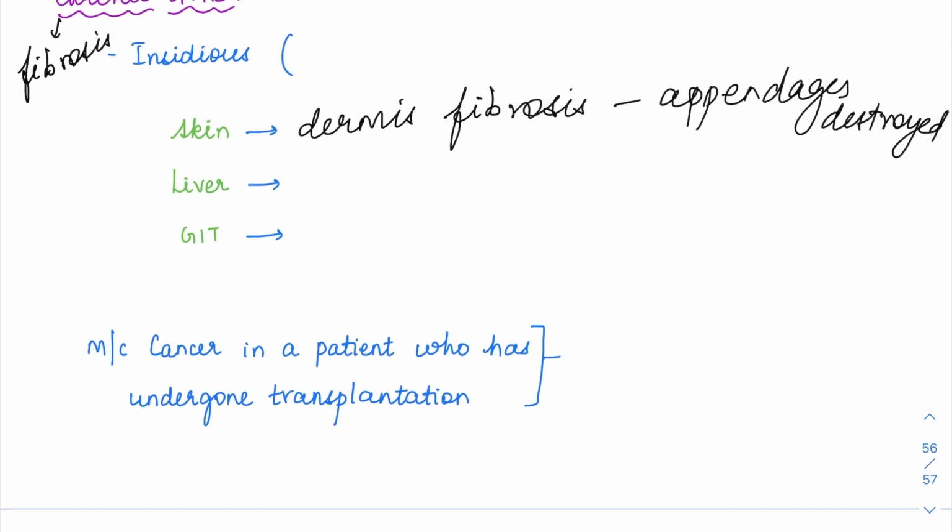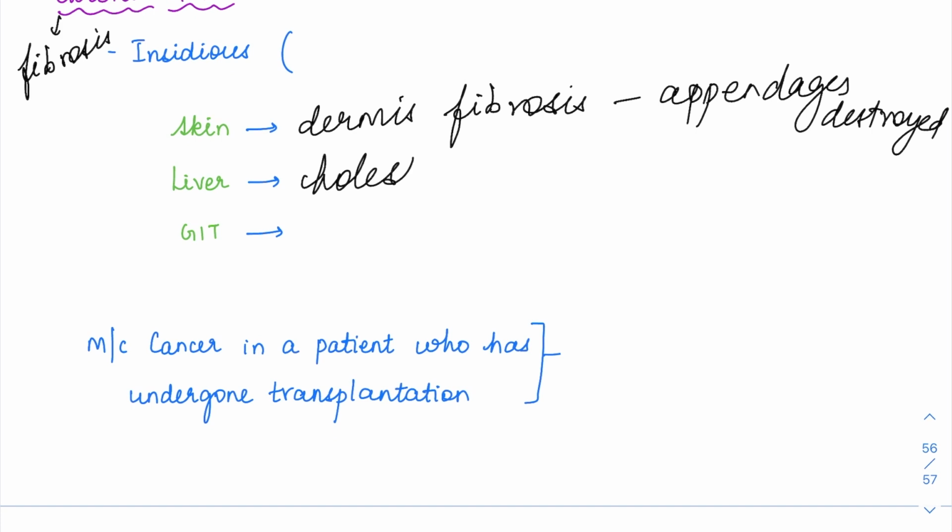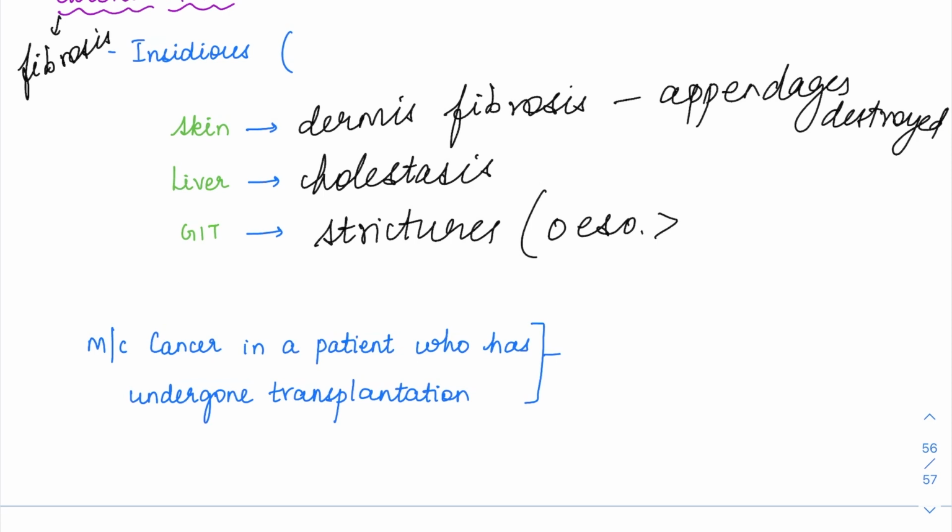In the liver, it is going to cause a cholestatic kind of picture, so cholestasis will be present. And in the GIT, you can have multiple strictures, especially in the esophagus and intestine. When the esophagus is undergoing stricture, the patient will feel dysphagia; they will not be able to swallow properly. Based on these manifestations, they classify it into acute GVHD and chronic GVHD.